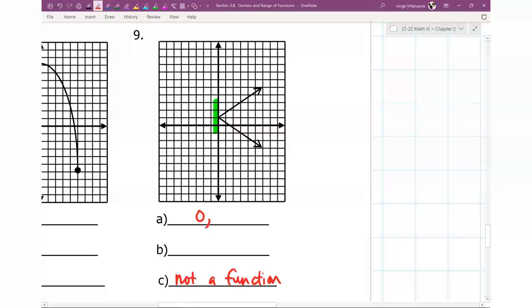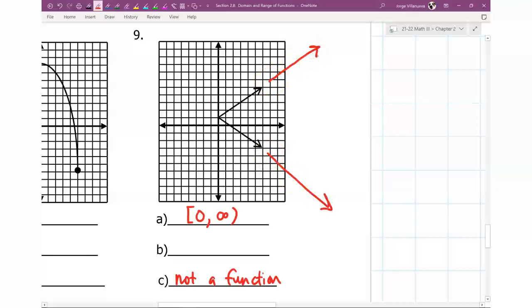How far to the right does it go? Notice arrowheads. So that means it keeps going forever. So how far right does it go? In other words, this direction. What do we call that if it keeps going forever? Infinity, right? Notice I am going to include the 0 because it is part of the graph. Now, how low does this graph go? Notice this one's going down this way forever. This one's going up this way forever.